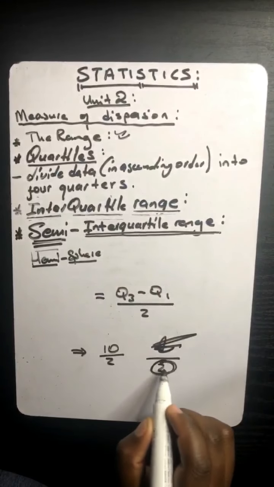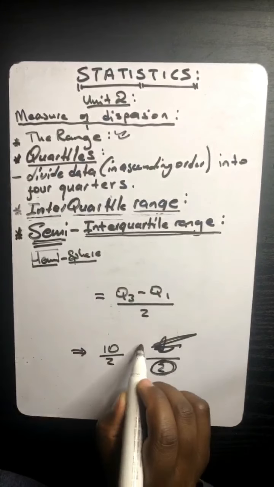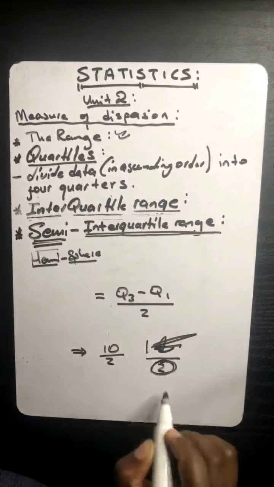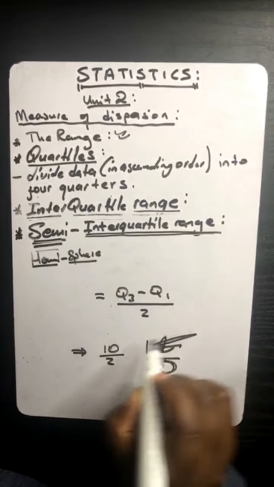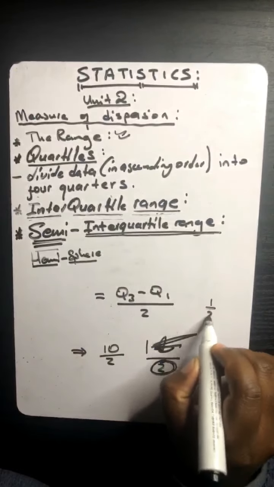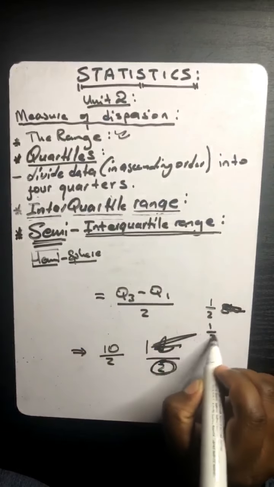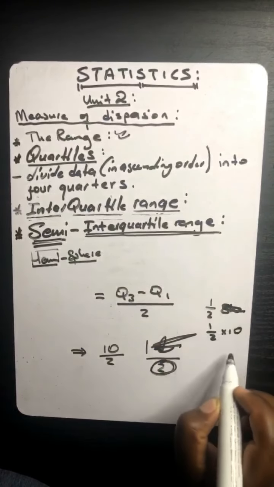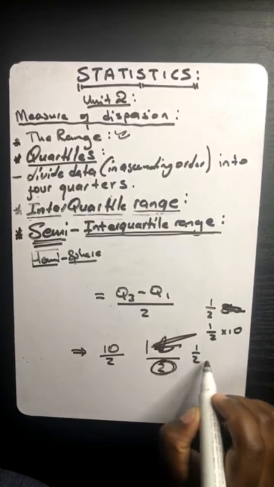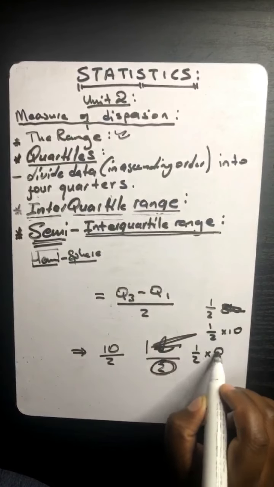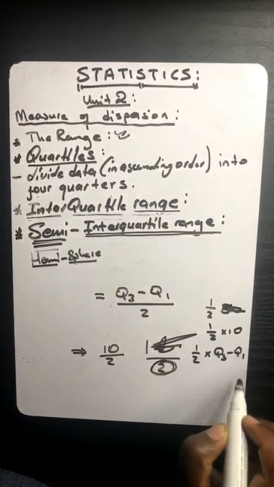This 2, there's that invisible 1 at the top. So it's actually half of a 10. It's actually half of Q3 minus Q1.